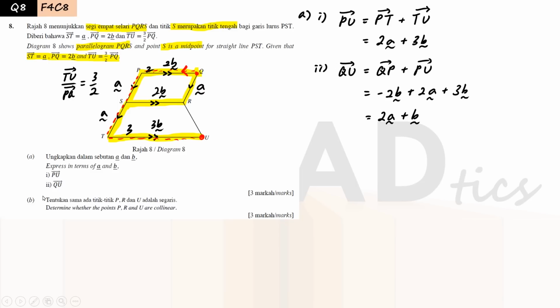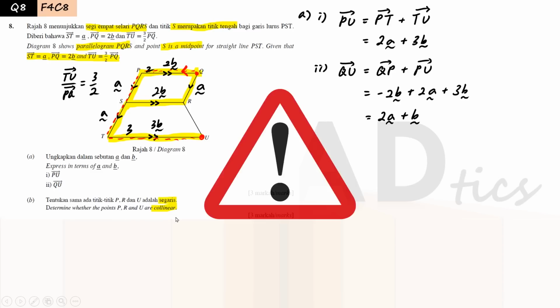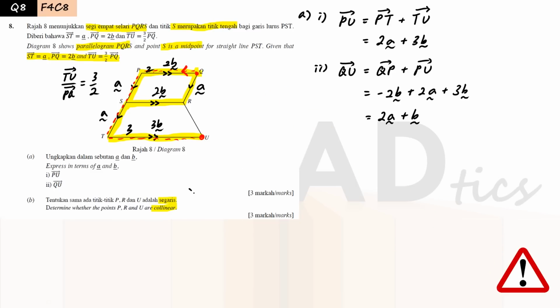And for part B, we need to determine whether these 3 points are collinear or not. So recall back, collinear means that these 3 points are on the same line or not. Alright, so another word for collinear is actually parallel. So why is collinear parallel?